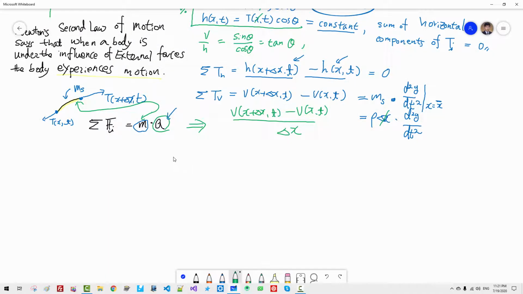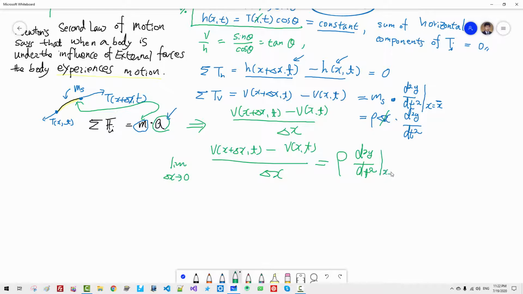Then if we take the limit delta x approaches 0, V(x plus delta x, t) minus V(x, t) over delta x equals rho d square y over dt square.